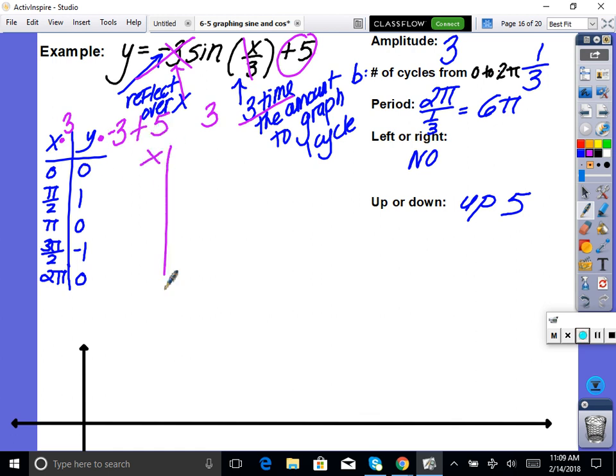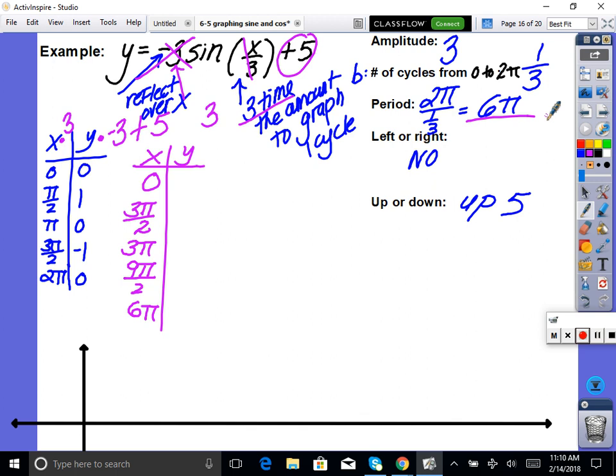So let's write down our new x, y points. Here we go. 0 times 3, 0. That times that, 3 pi halves. 3 pi. 9 pi halves. 6 pi. Cool. And look at that, it's all matching up.